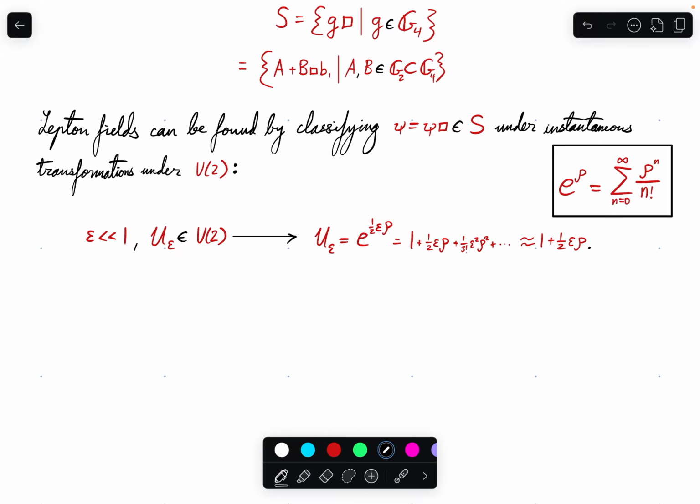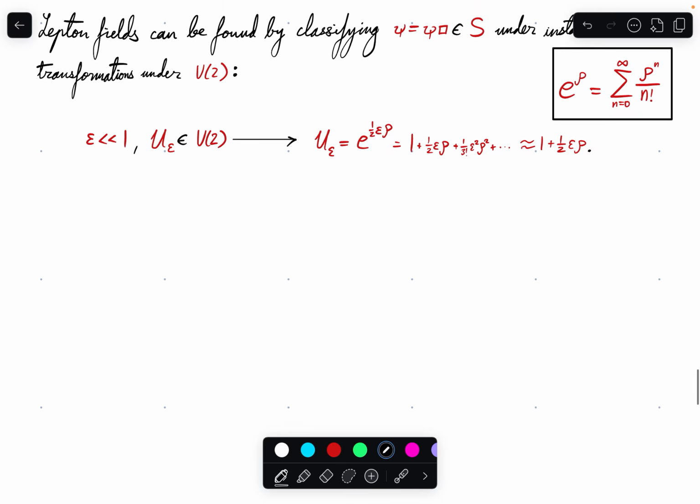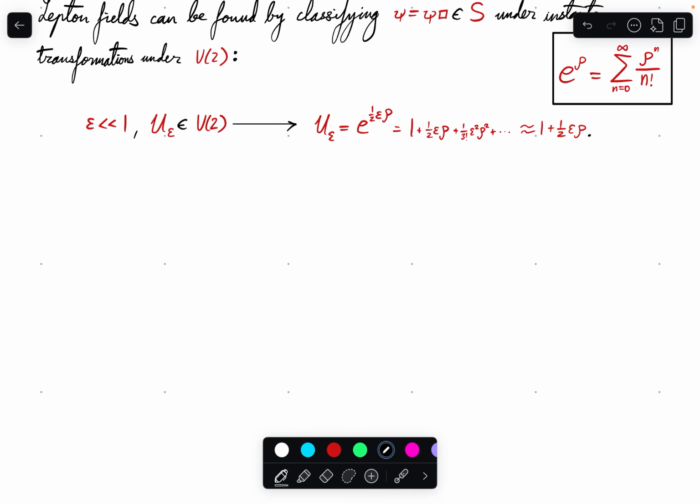All right. Now let's, we'll be using to classify. What I mean by classify an object of spin space is we're going to compute the commutator of it in something called the Cartan subalgebra.